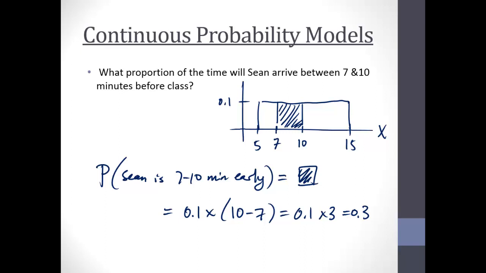So the probability that Sean arrives between 7 and 10 minutes early is 0.3. 30% of the time he will arrive that much early.